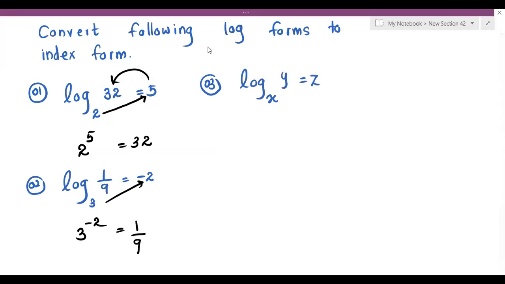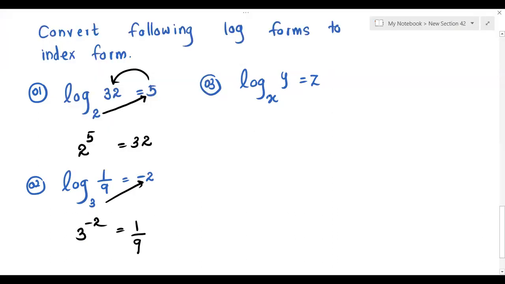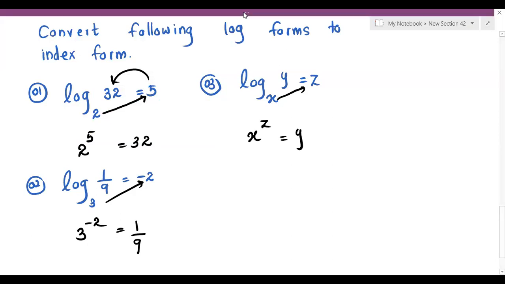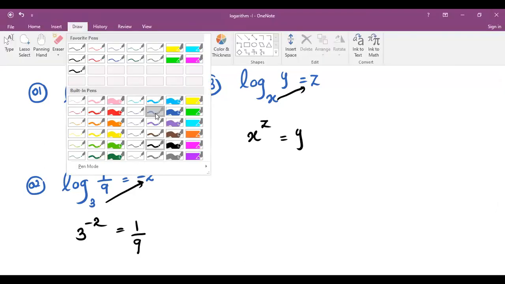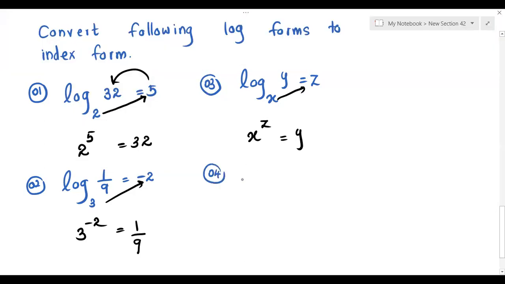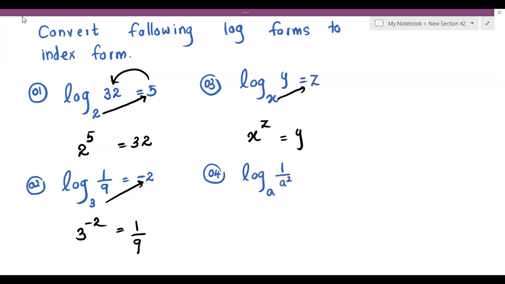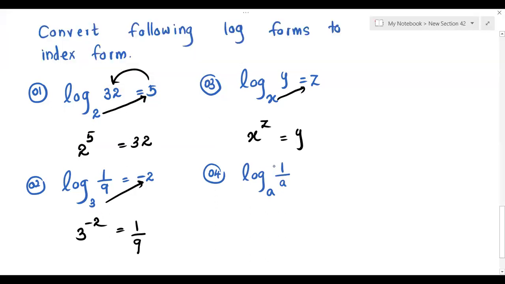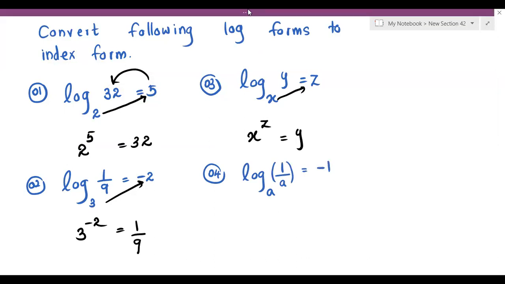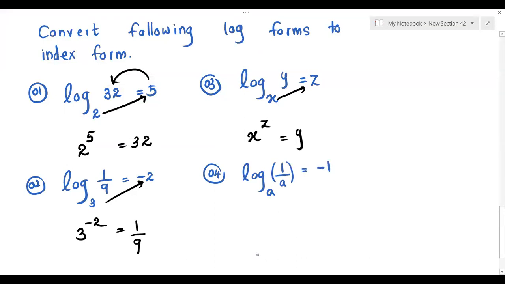This can be written as, we know that we always identify the base, then the index: x to the power of z equals y. Then try to do this one by yourself.